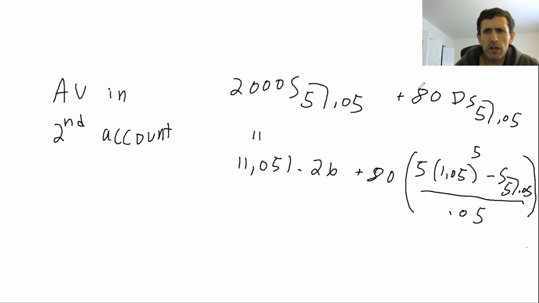Not that I really need to do this, but for this one here, n equals 5, p is 80, j is 0.05.